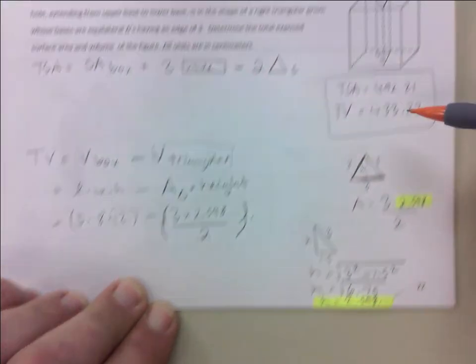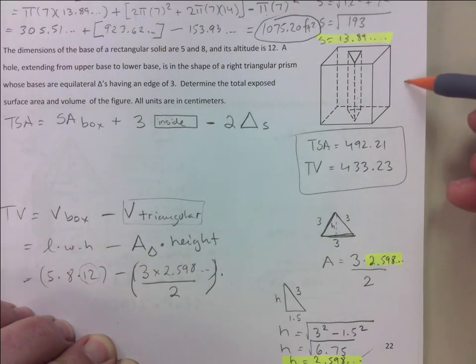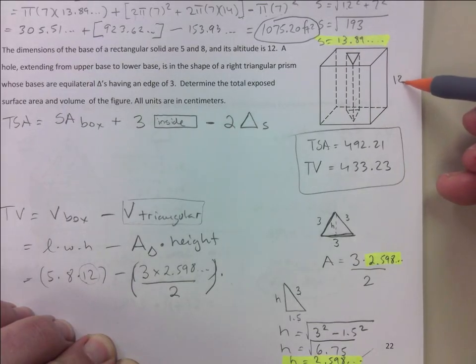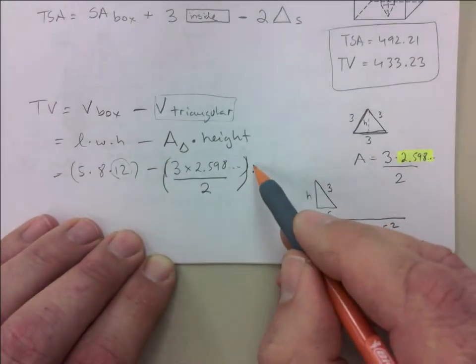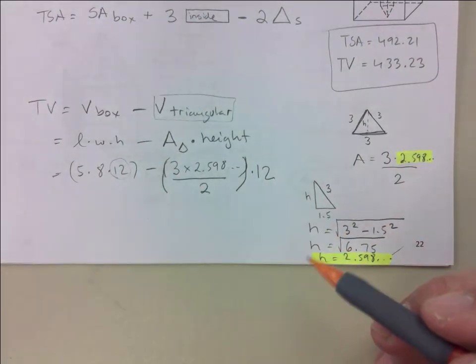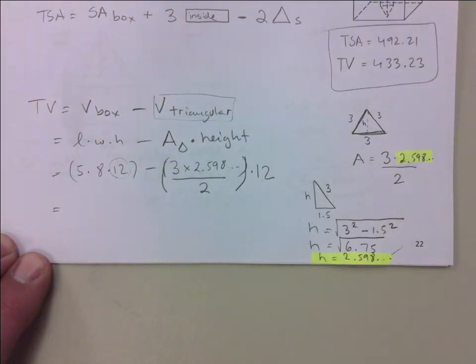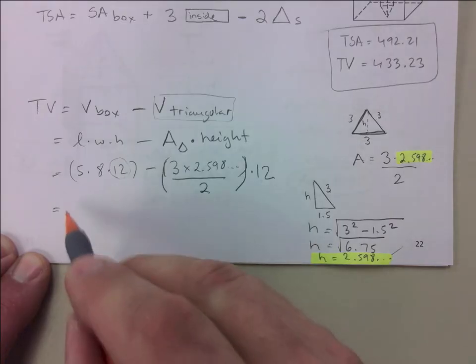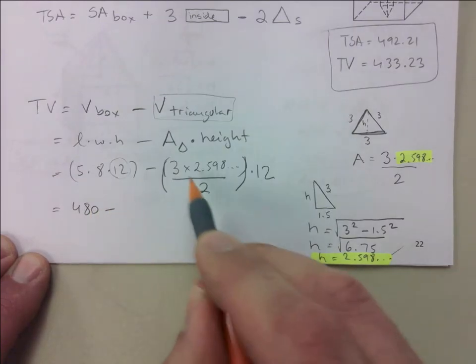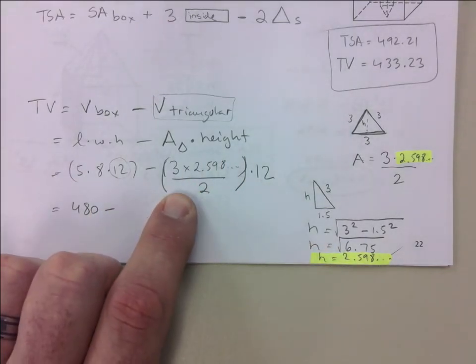It's the entire height of this box. Let's put 12 here. So 5 times 8 times 12 is 480 minus this whole thing. It's going to be ugly, but we have it stored.